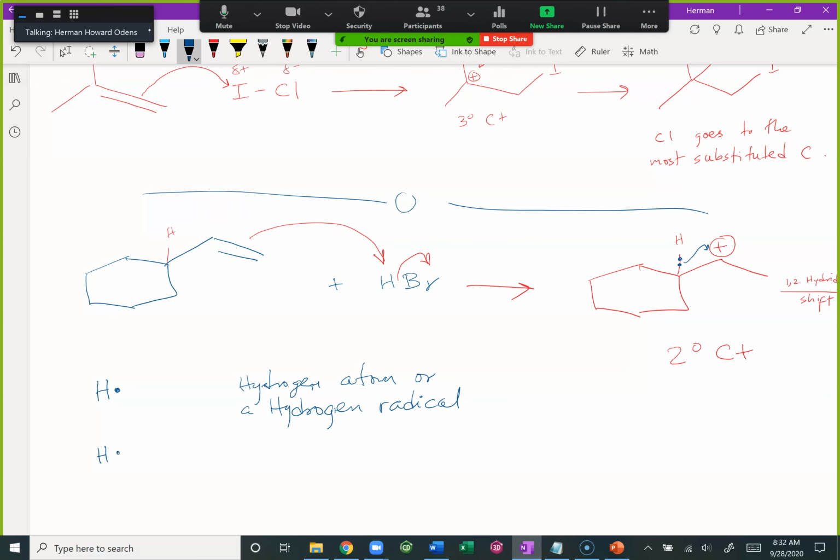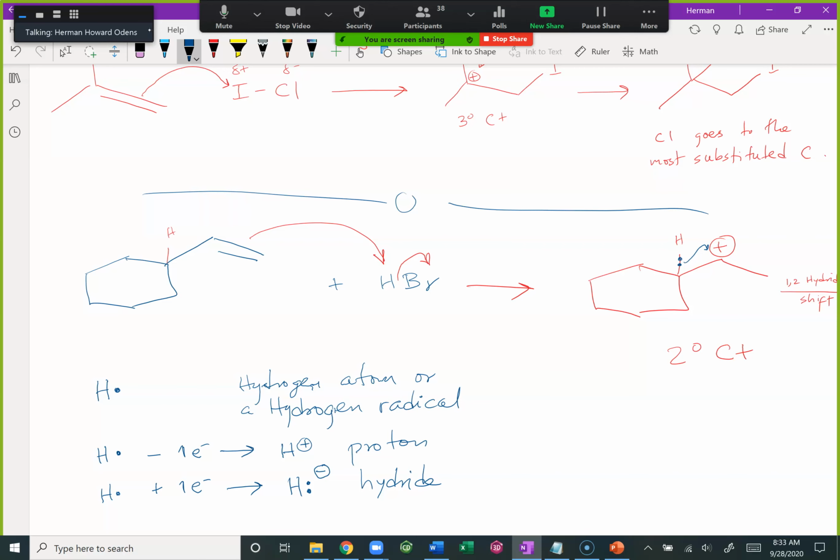If this hydrogen atom loses 1 electron, what do you get? You make an H plus. This is called a proton. If this hydrogen atom gains 1 electron, then you make an H with 2 electrons, which now has a negative charge. This is called a hydride.